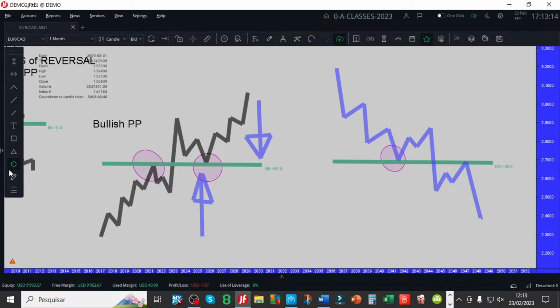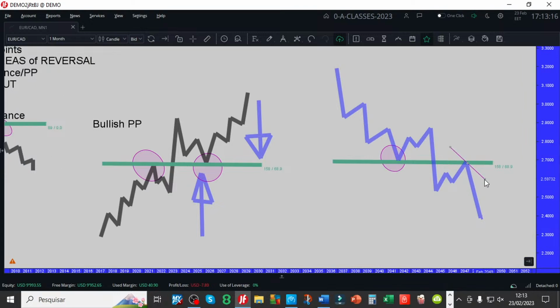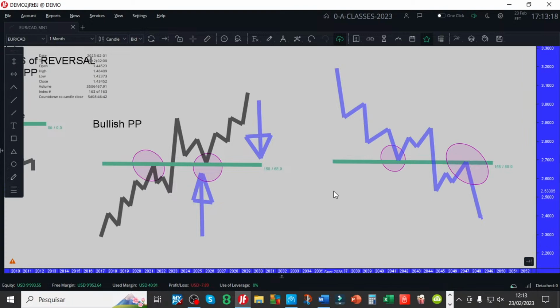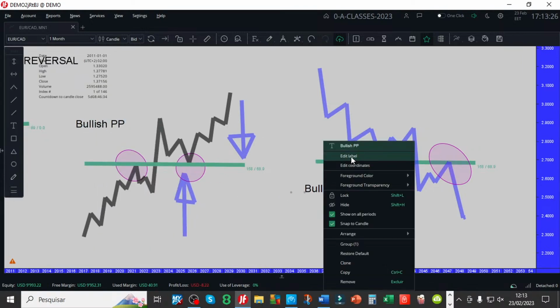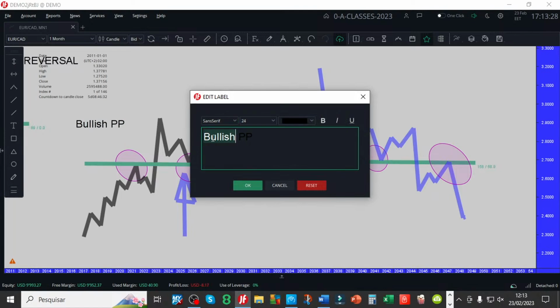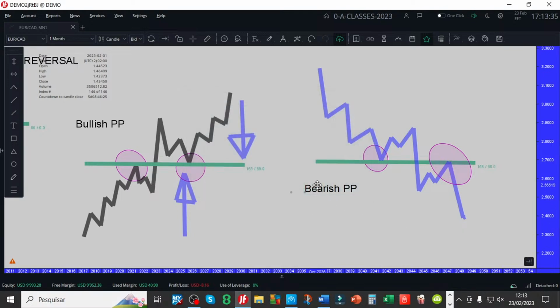Boss, why bearish? Because it's going down, right? Bullish is going up, bearish is going down. So this is the bullish pivot point and this is the bearish pivot point.